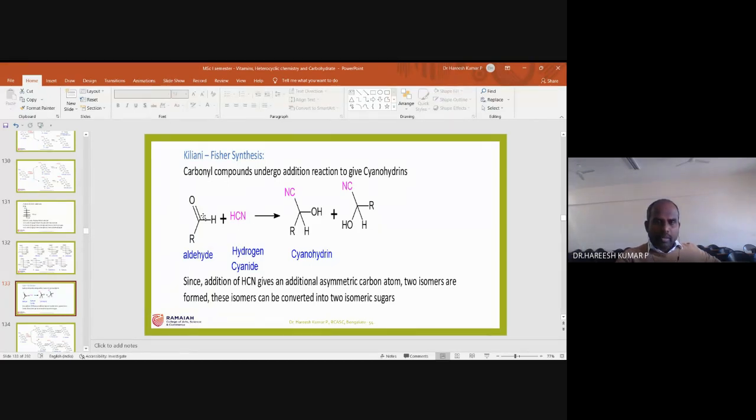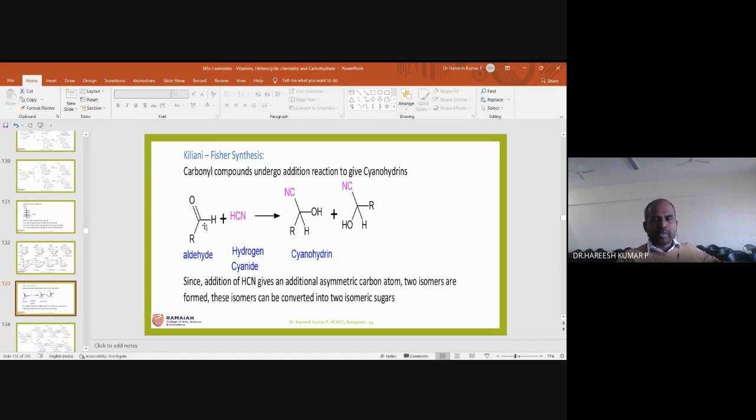Since this electron deficient carbonyl carbon is planar, the nucleophile CN minus can attack from both sides. If it is attacking from this side, it will give you this isomer. And again, this center is called prochiral center.